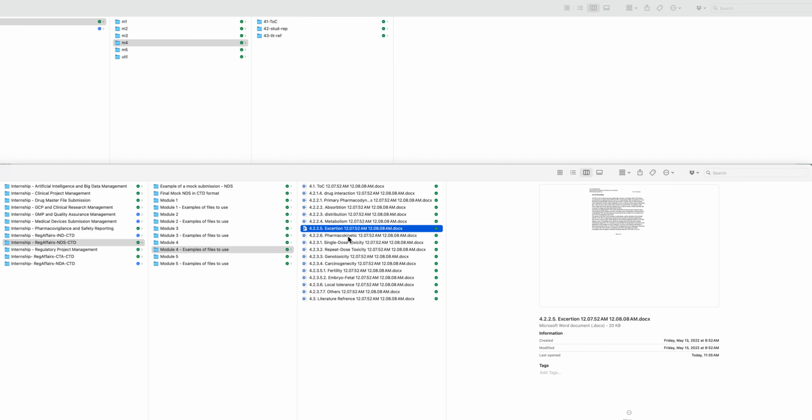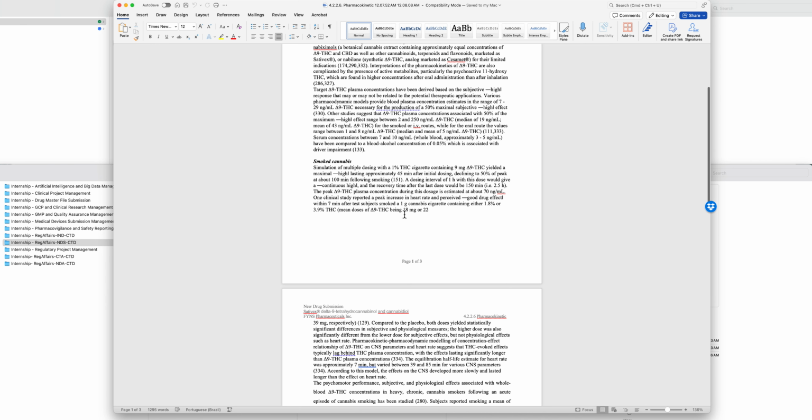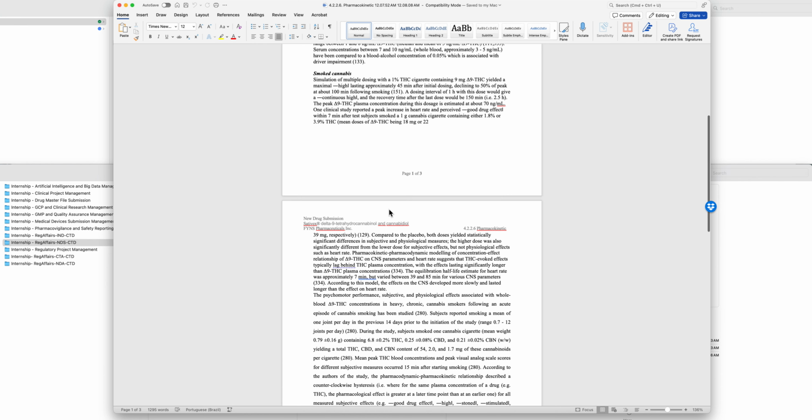So another document that we can talk about is about the pharmacokinetics. This means what the body does to the drug. So here we are talking about the pharmacokinetic and pharmacodynamic relationship for the document 4226, pharmacokinetics. Here you can see this is about the THC, so we are talking specifically about the smoking of legal cannabis with THC.